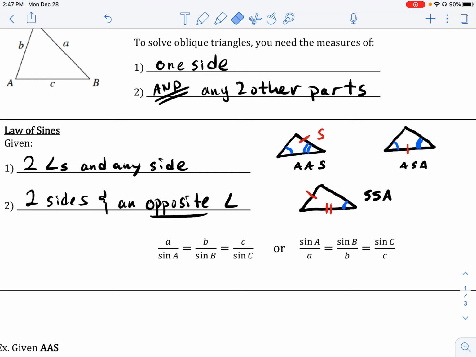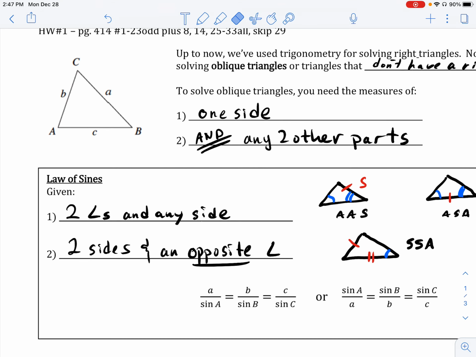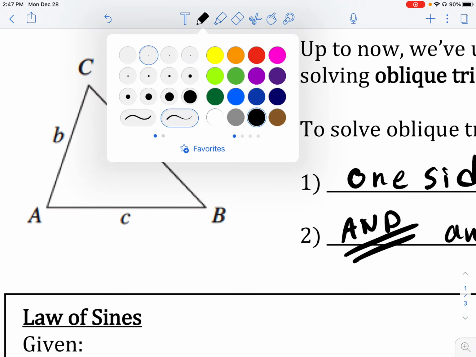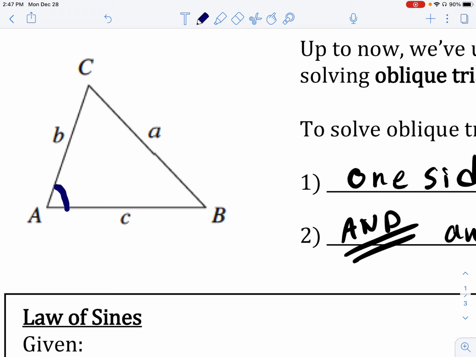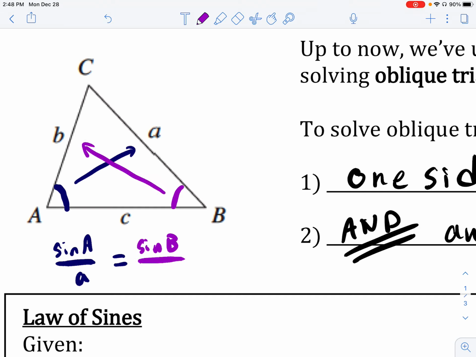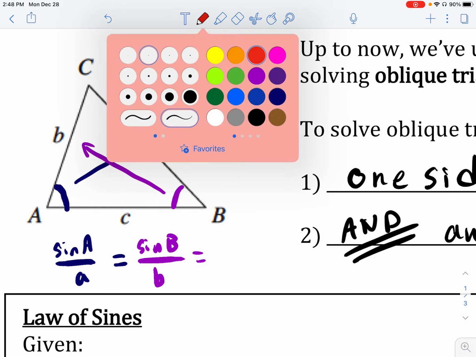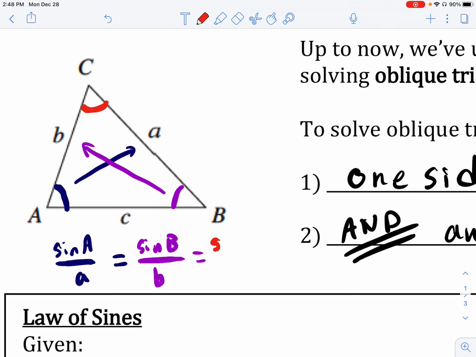So we can see here, if I were given, for example, this particular oblique triangle, what we're saying is that the sine of this angle A over its opposite side, side A, is equal to the sine of angle B over its opposite side, side B. And that is equal to the sine of angle C over its opposite side, side C here.